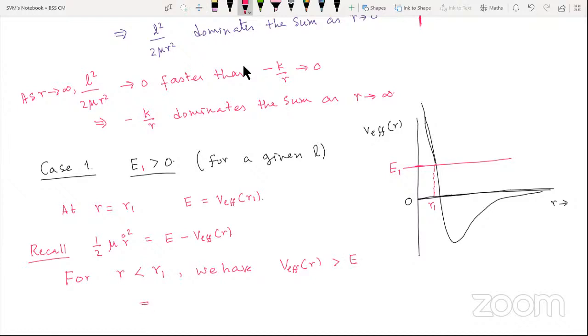That implies E minus V effective of R is less than 0. This implies half mu R dot square is less than 0. That means kinetic energy is negative, which means R dot is imaginary.